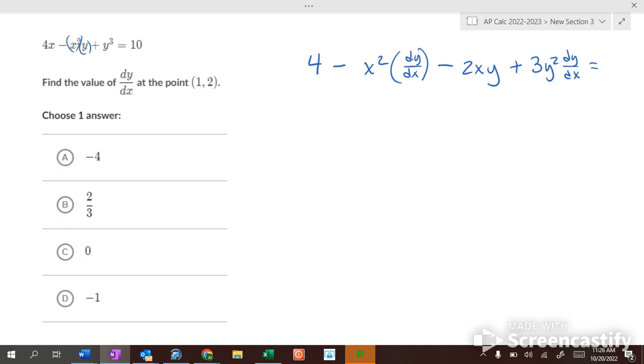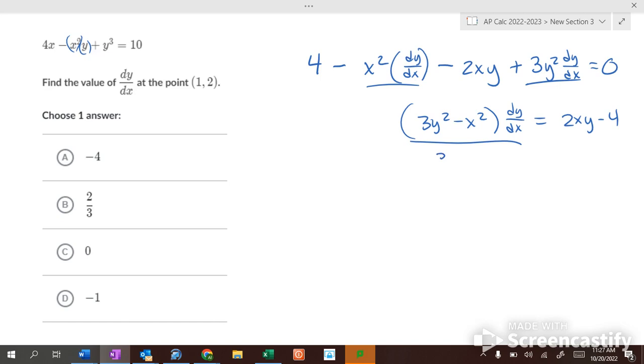Equals 0. So if we take the dy/dx's and put them on the same side, you get 3y squared minus x squared times dy/dx equals, move the other stuff to the other side, 2xy minus 4. Because this becomes positive, that becomes negative, and divide by 3y squared minus x squared.